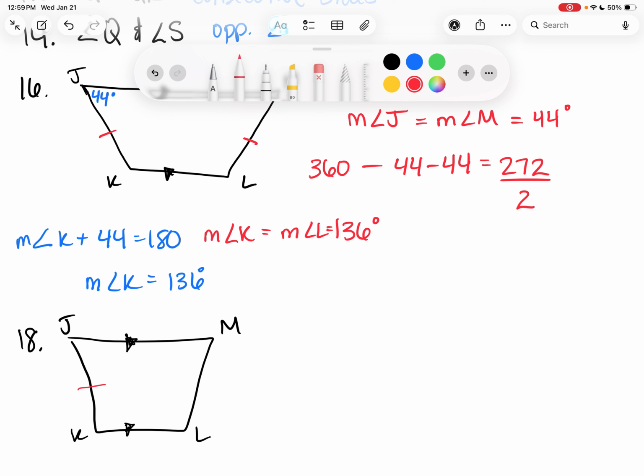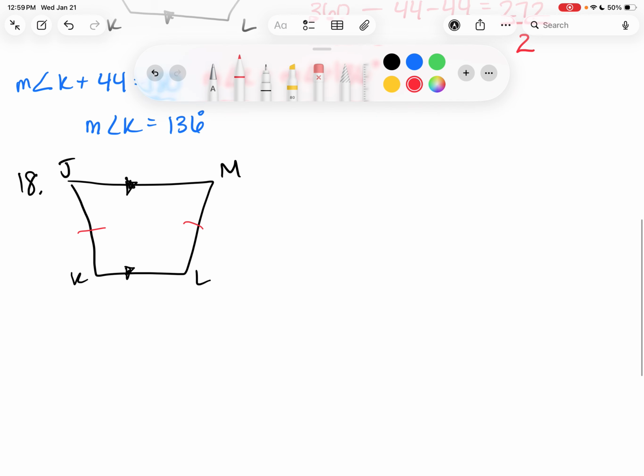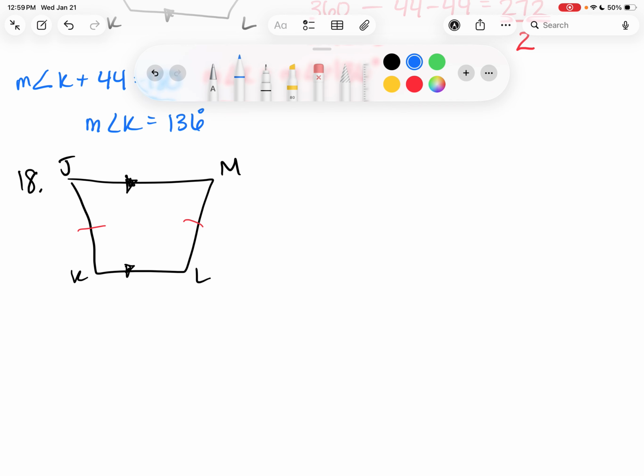They mark the two legs to be congruent, so we know it's isosceles again. And angle M is 82 degrees. So if that's the case, what else do I know? Yep, the measure of angle J is also equal to 82 degrees.